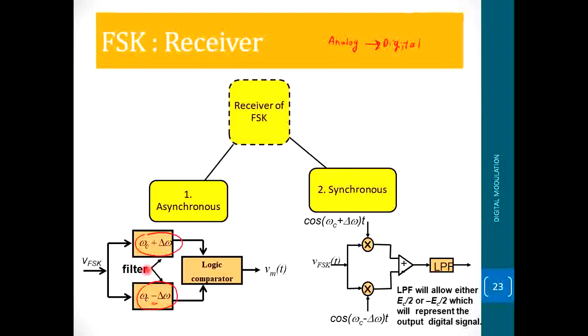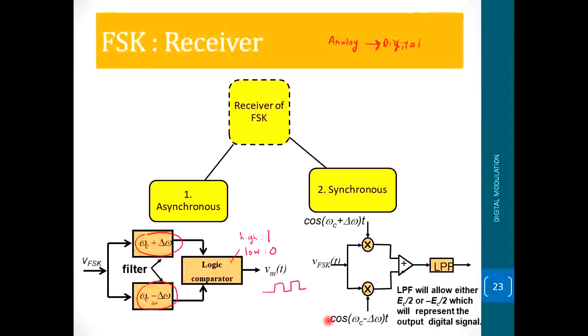After going through these filters, the filter with high output indicates whether the logic is 1 or 0. So this logic comparator, for the high frequency, will create logic 1, and for the low frequency, it will generate 0. So we will get back the Vm, that is the digital signal.